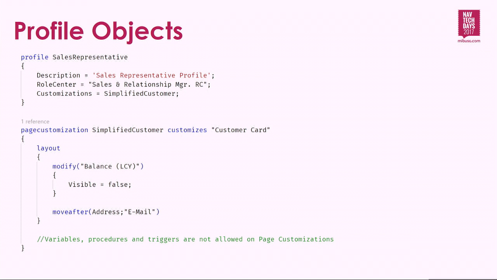So you install the extension that contains the profile, and that links all the page customization objects with that specific profile, and you will only see the changes to the page if you actually connect the user with that specific profile.